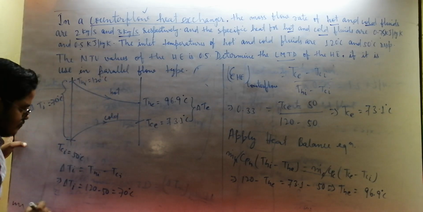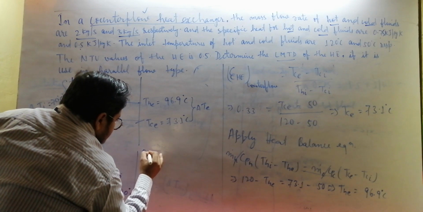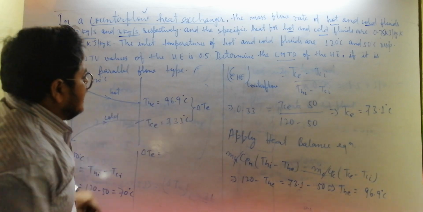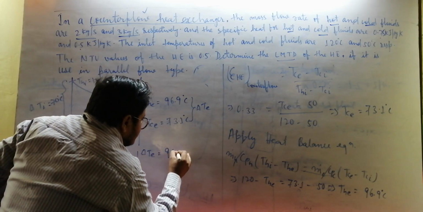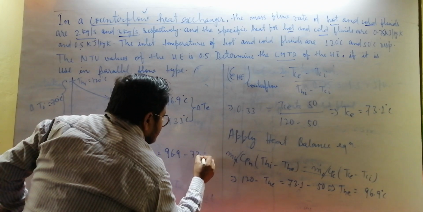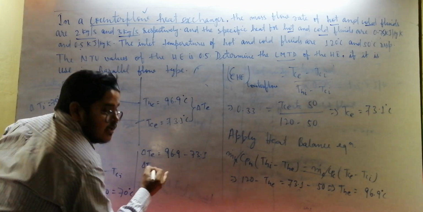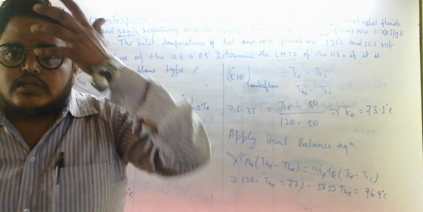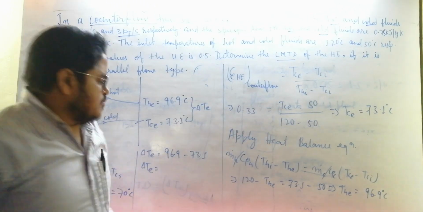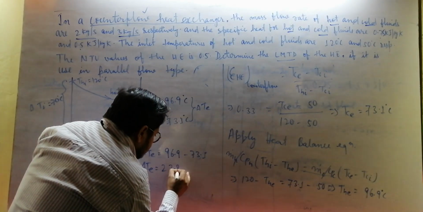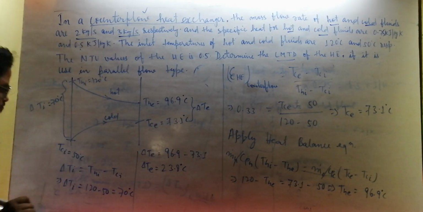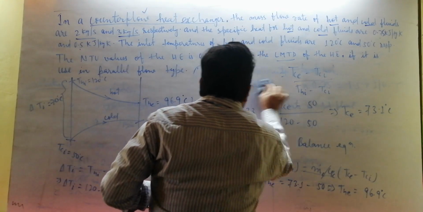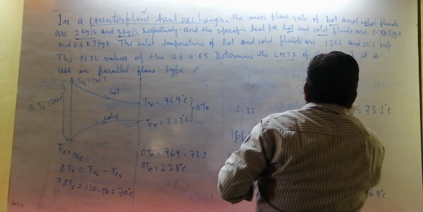Now del Te will be 96.9 minus 73.1, that del Te value comes 23.8. This value. Okay. Now I am applying the LMTD formula.